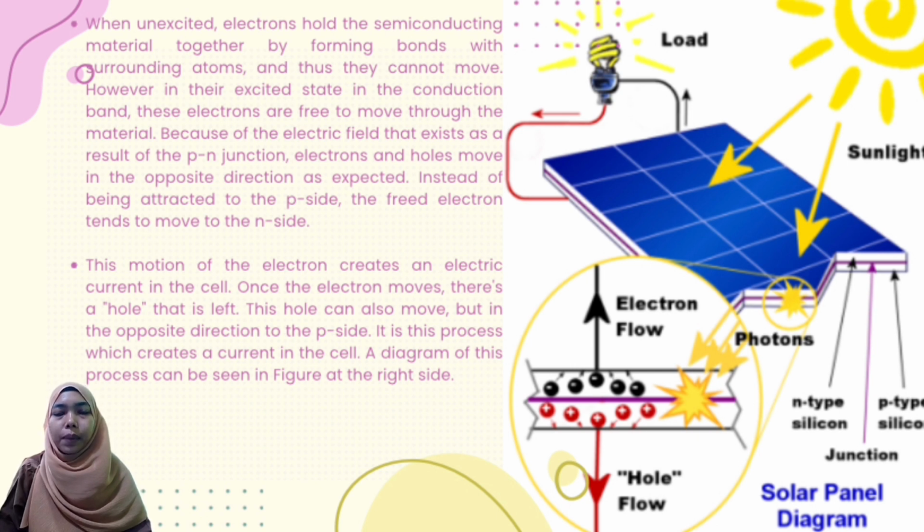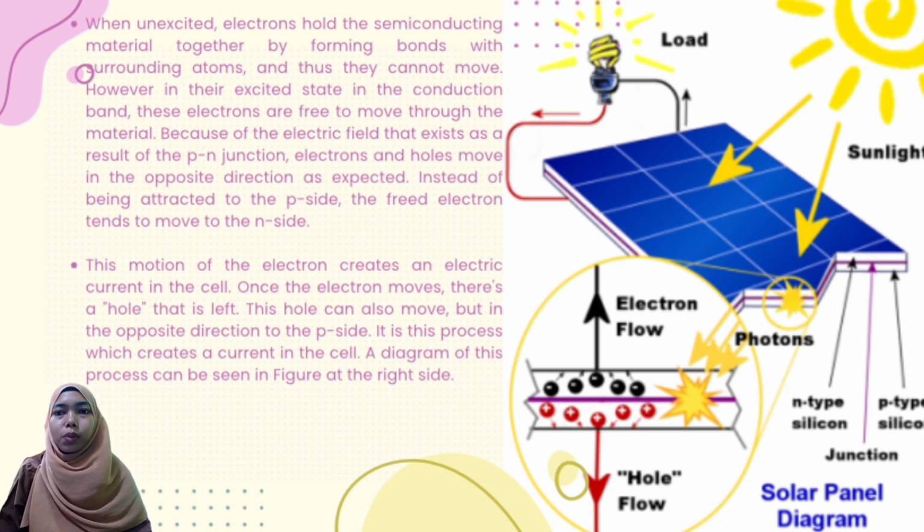When unexcited, electrons hold the semiconducting material together by forming bonds with surrounding atoms, and thus they cannot move. However, in their excited state in the conduction band, these electrons are free to move through the material because of the electric field that exists as the result of the p-n junction.